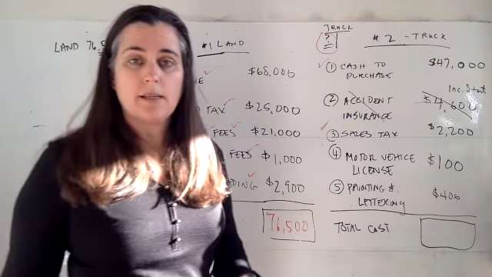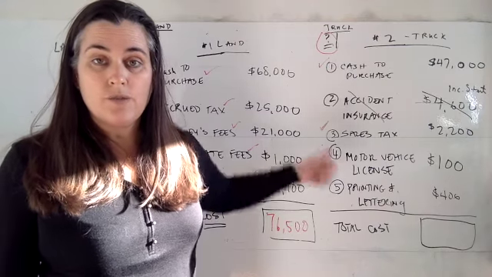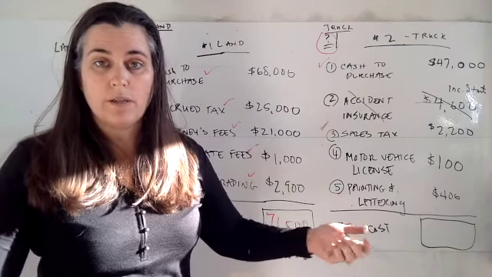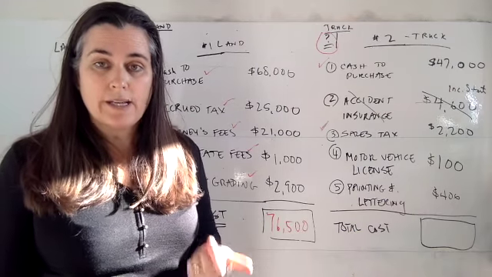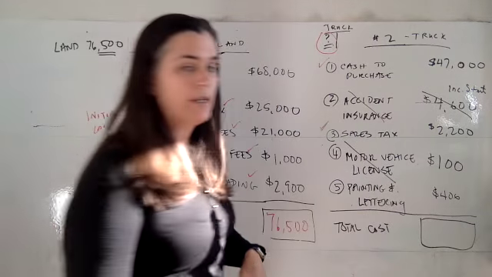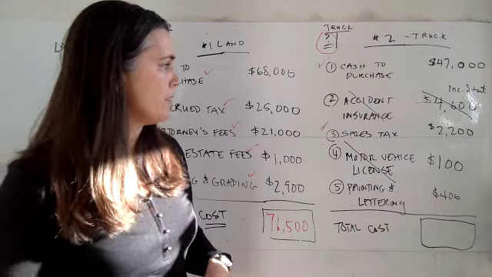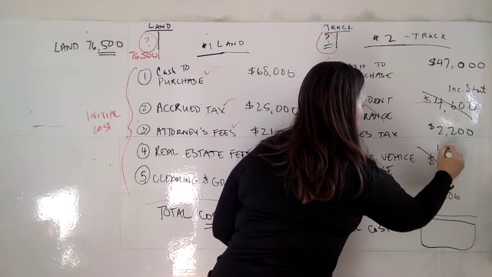Motor vehicle license is similar to a license that we might have for a car. It gives us the right to operate this vehicle on the roads. Well, that's a recurring expense too, similar to the accident insurance, so that's not going to be included in our bundled up initial cost. Instead, that will be a recurring expense that we'll see again on the income statement. So again, this is an income statement item.